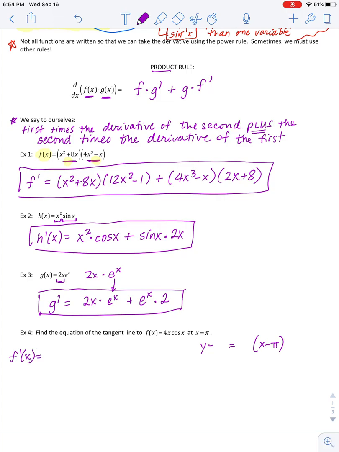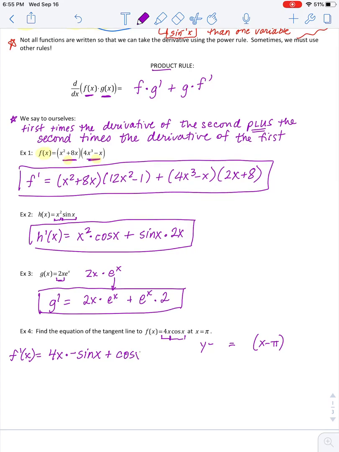So again, I'm going to group 4x as f and cosine x as g, and then apply the rule. First function times the derivative of cosine, which is negative sine, plus the second function, cosine, times the derivative of 4x, which is just 4. Because I actually have to plug in pi, I might clean this up and write negative 4x sine x plus 4 cosine x.